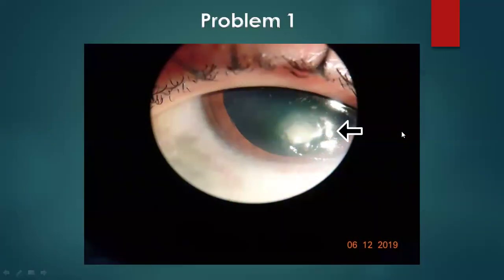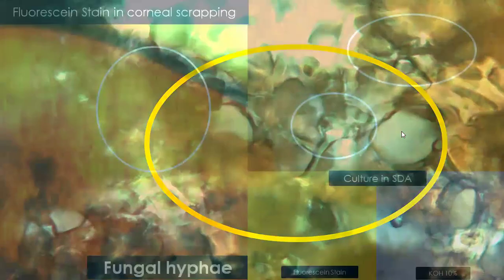The problem posed at that time was a dry-looking corneal ulcer. Obviously, all of you can diagnose them with staining, or this is a fungal corneal ulcer. Once scraping was done by myself, I saw, doing a fluorescent stain in vitro, where drug particles could be seen, which was given by the ophthalmologist earlier when he was in the periphery.